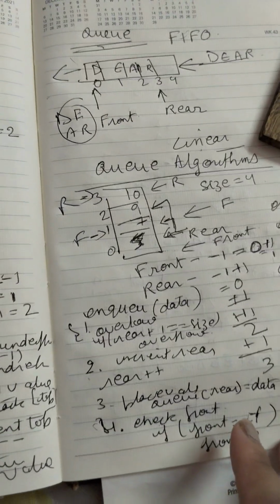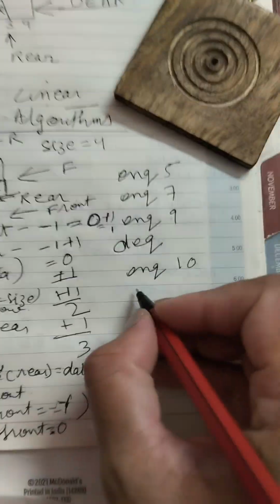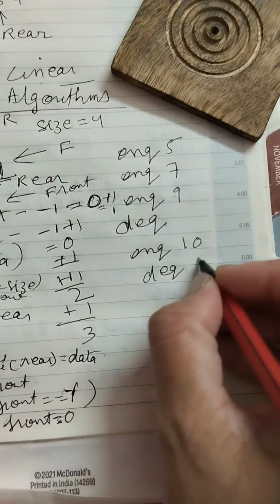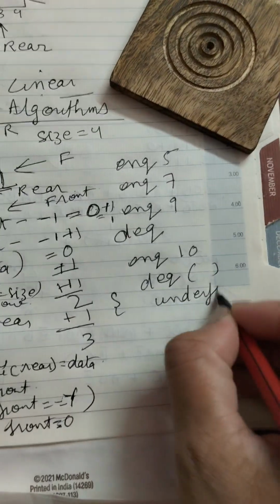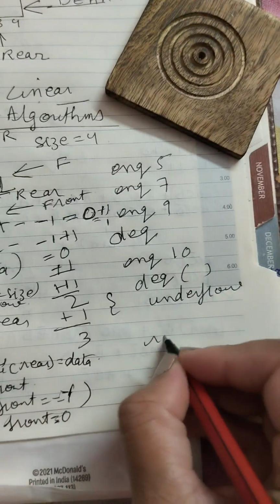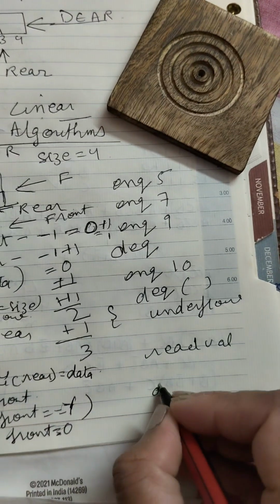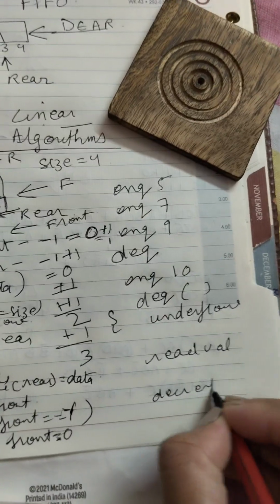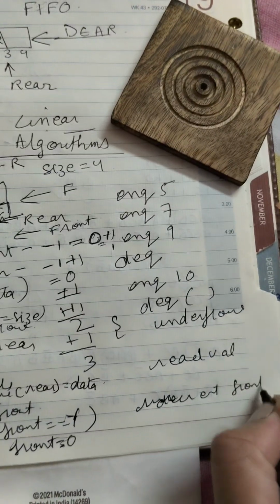Then for the deletion, we have the dequeue algorithm, and in this we will check for the underflow, then we will read the value from the queue, and then here also an increment will happen: increment the front.